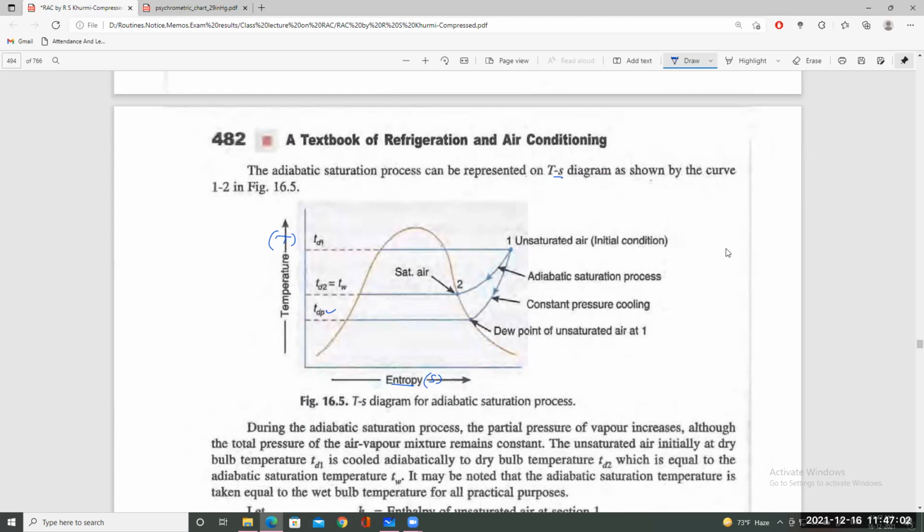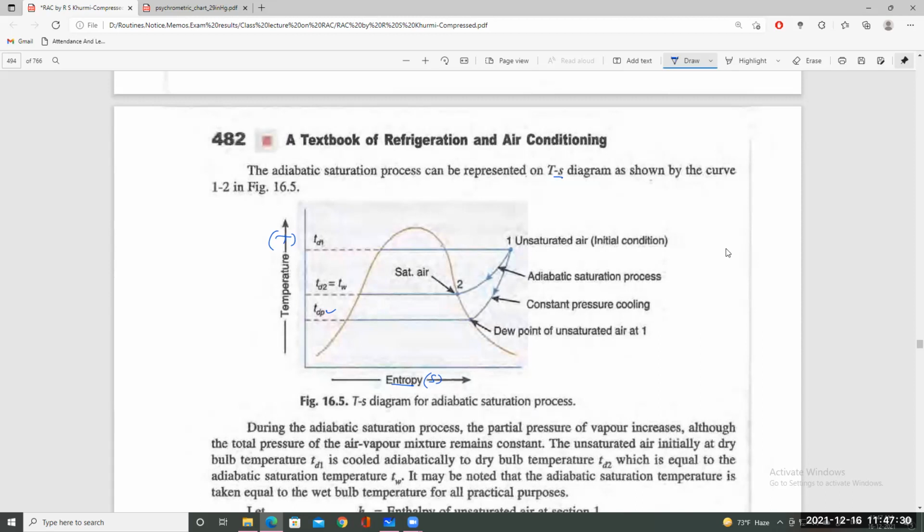The temperature thus reached at this pressure is defined as the dew point temperature. Next is wet bulb temperature TD2.